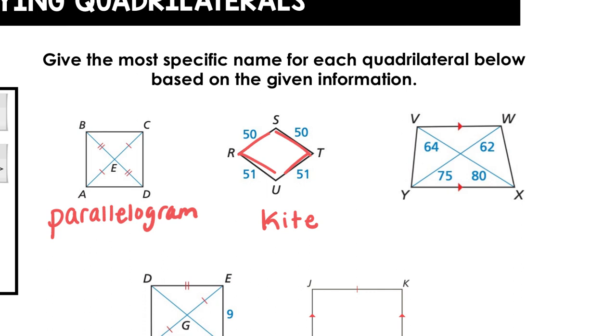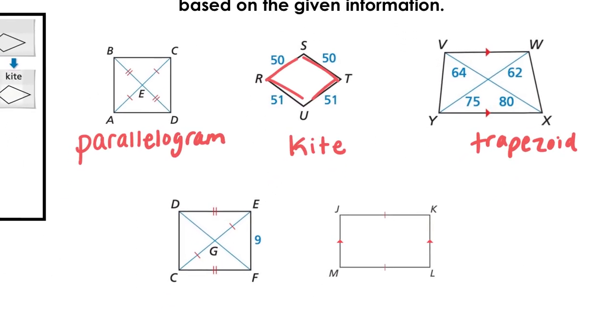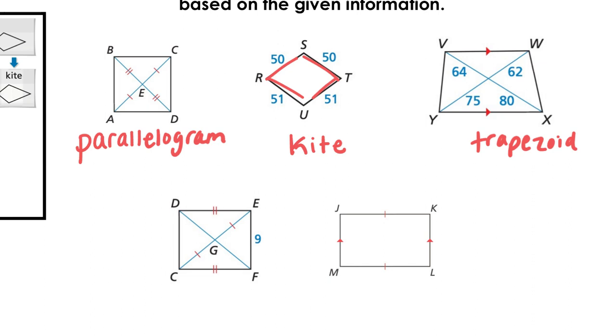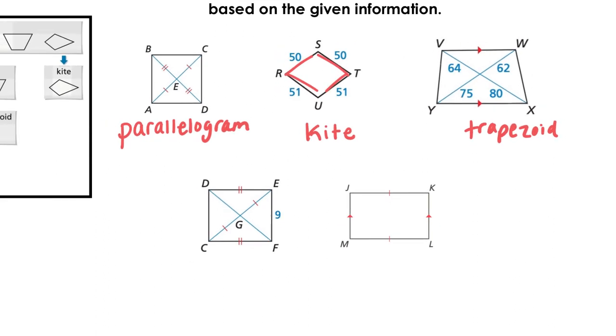It doesn't look like an isosceles trapezoid, because I see different numbers going on there. So this one is just a trapezoid. This one looks like nothing special. I see one bisected diagonal and a pair of opposite sides, but I don't think that's anything. So that should just be a quadrilateral.